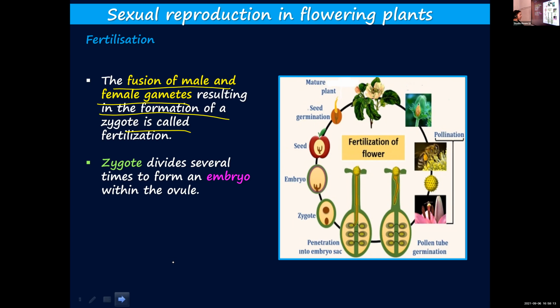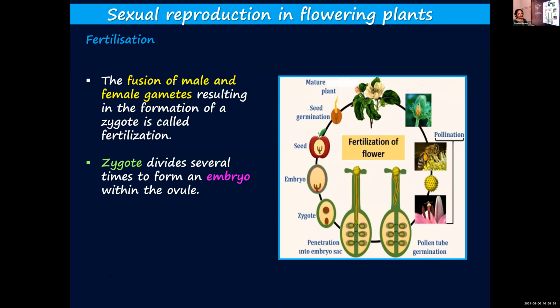Okay. Once again, fertilization is the fusion of male and female gametes to form a zygote. Zygote will undergo repeated division and forms an embryo. And this embryo is formed inside the ovule. Later, from this embryo, a new individual will be formed.